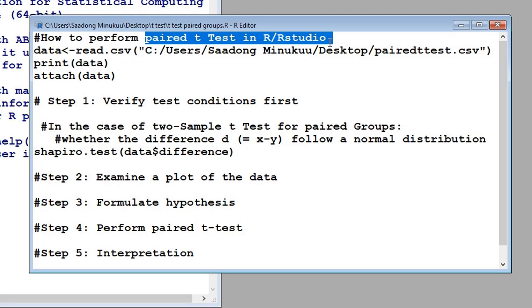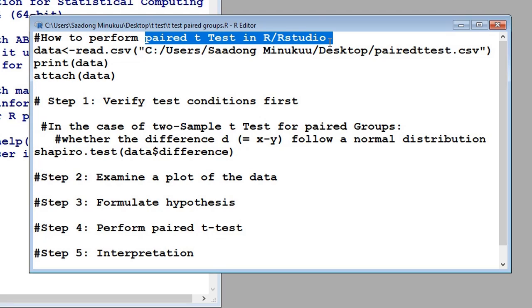We could simply measure the BMI, the body mass index, of people before the administration, before they underwent corticosteroid treatment. Then after they have undergone corticosteroid treatment for some time, we're going to measure their body mass index again. Now we have body mass index before treatment and body mass index after treatment.